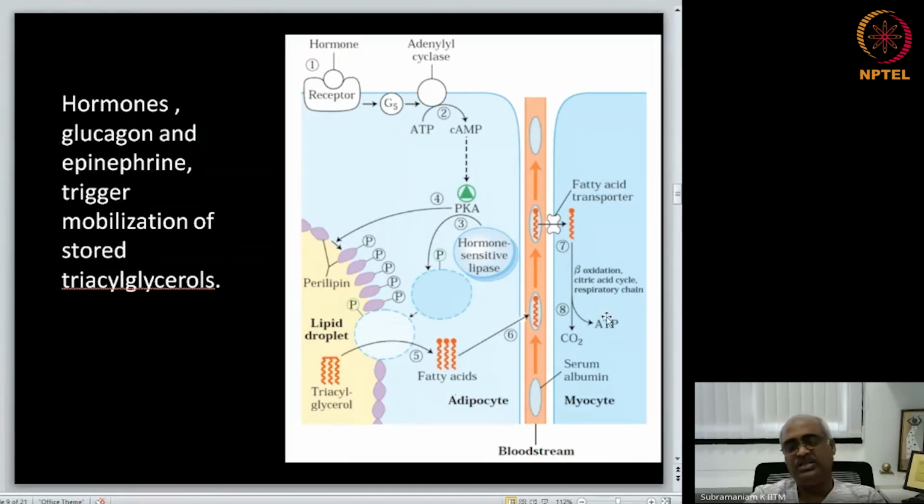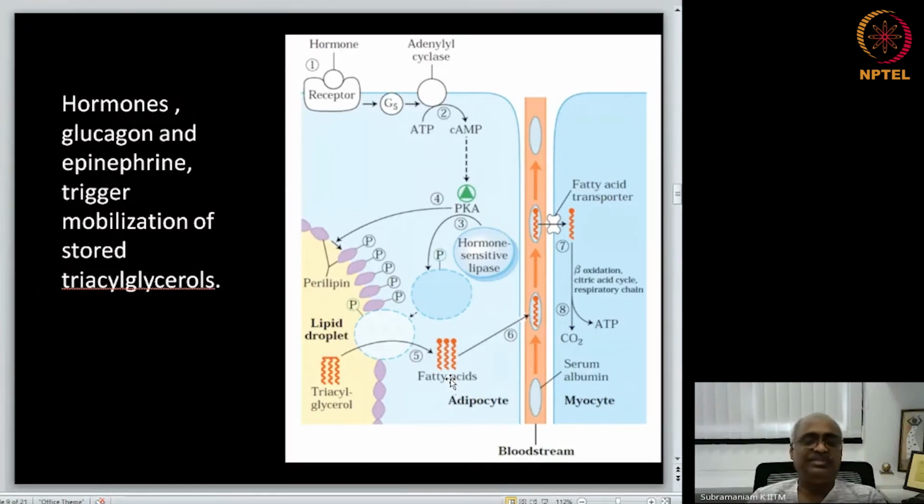And these reducing equivalents via the respiratory chain are going to produce ATP and carbon dioxide. So this lipid stored in the adipose tissue becomes carbon dioxide and energy when you have vigorous physical activity, like very fast walking or jogging or other household manual labor work. When you do, this is what happens.